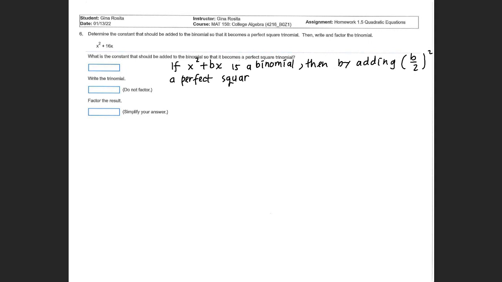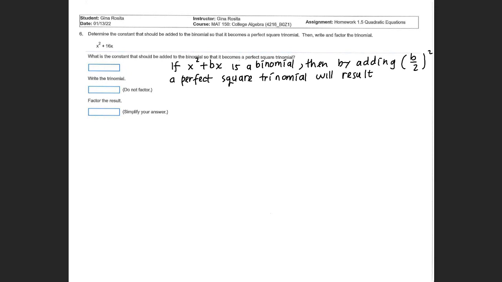Now, if x squared plus bx is a binomial, then by adding b over 2 squared, a perfect square trinomial will result.